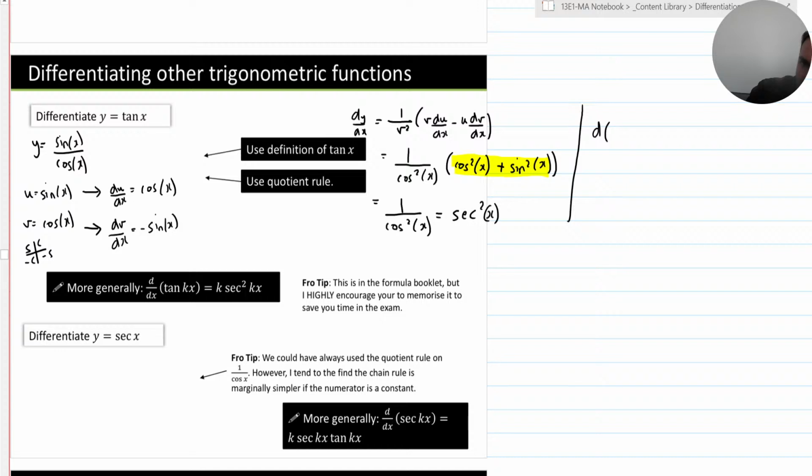And what is 1 over cos? Well, we know that 1 over cos is sec, isn't it? So this is equal to sec squared x, which gives you the differential of tan x with respect to x is equal to sec squared x. And that's a nice little proof there, just to show that.